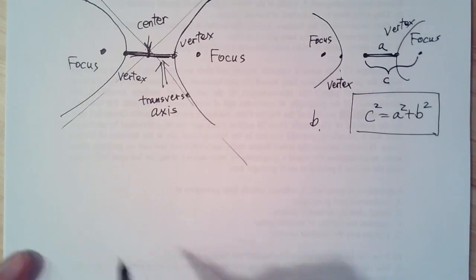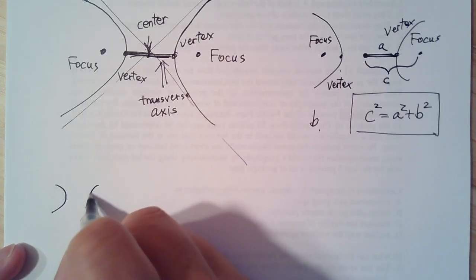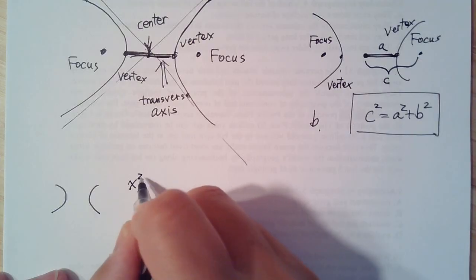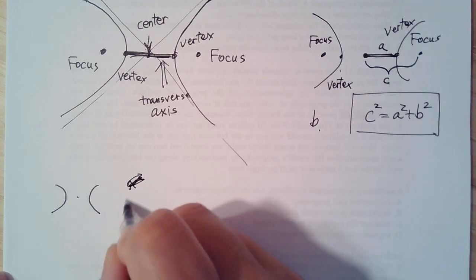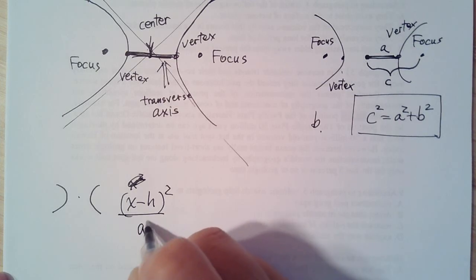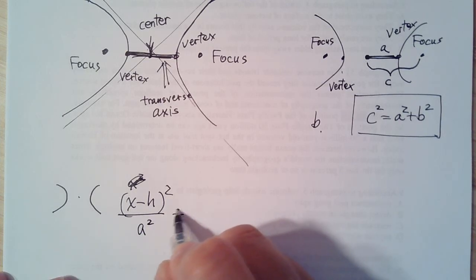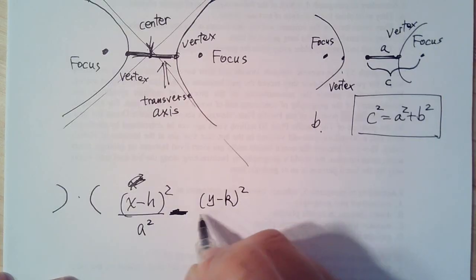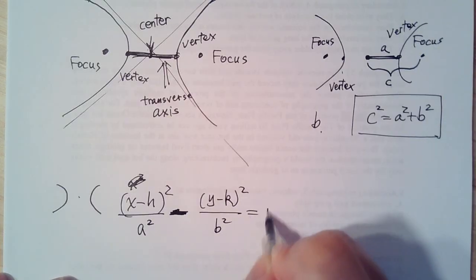Now, if you have a left and right hyperbola, the equation looks like this: (x minus h) squared over a squared minus (y minus k) squared over b squared equals 1.